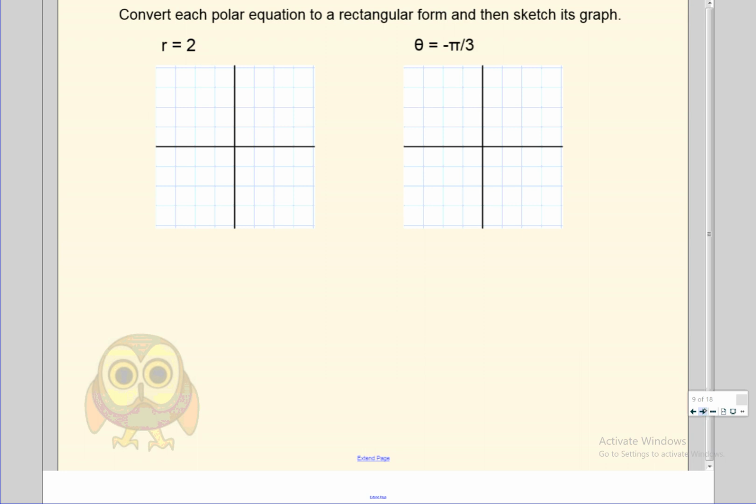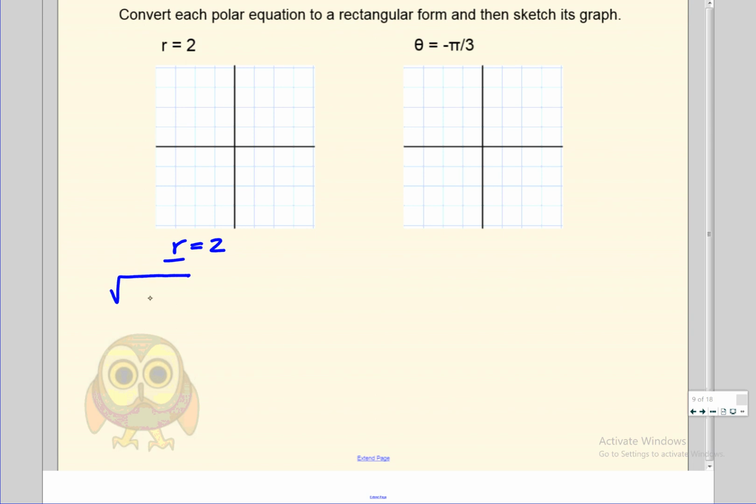All right, so let's start with r equals a number. R equals 2. What is r equal to? What can I replace it with in terms of x's and y's? Well, r squared is equal to x squared plus y squared. So what's r equal to?